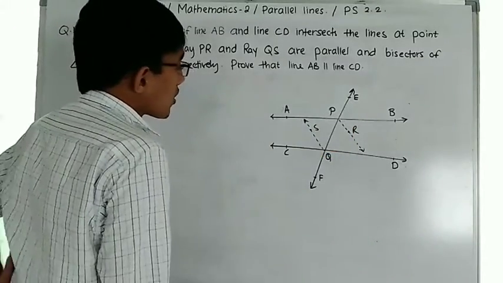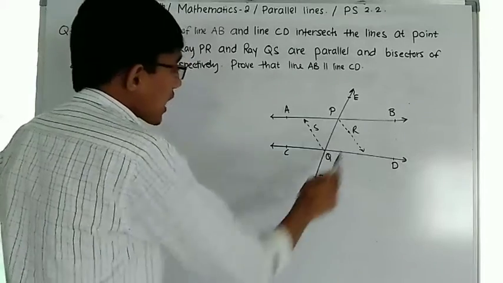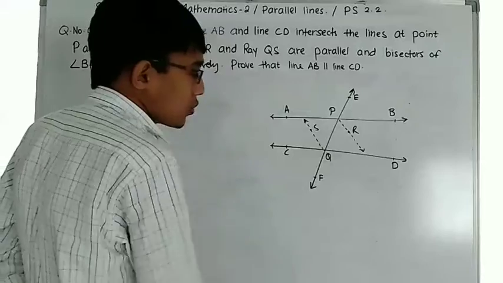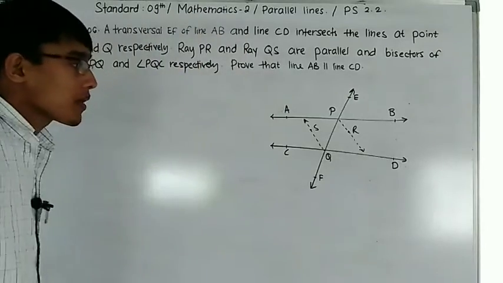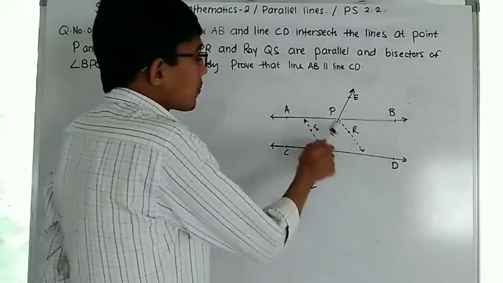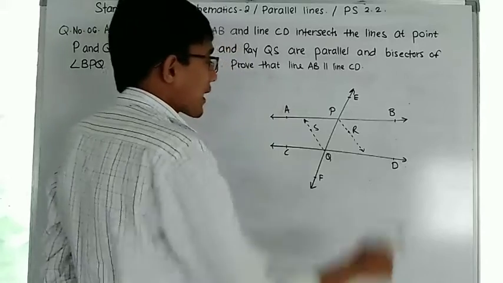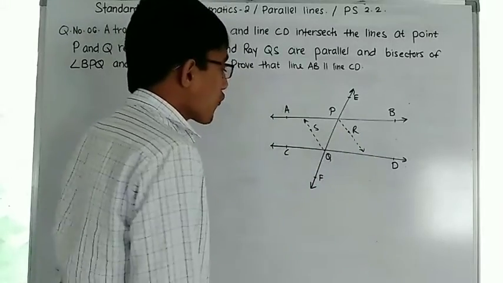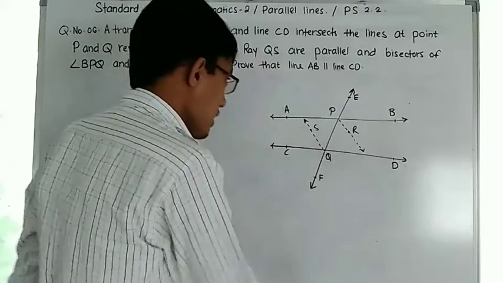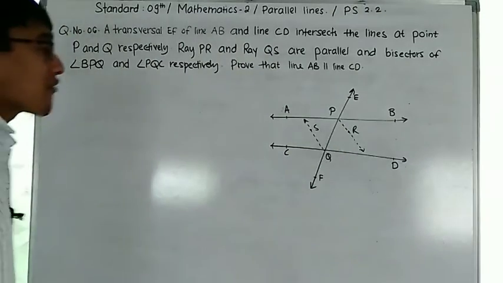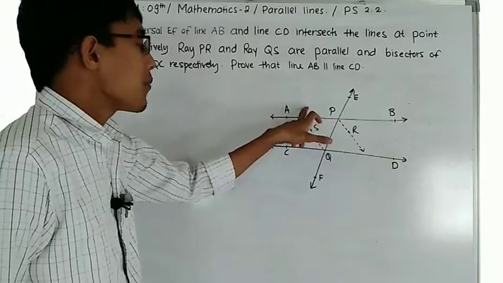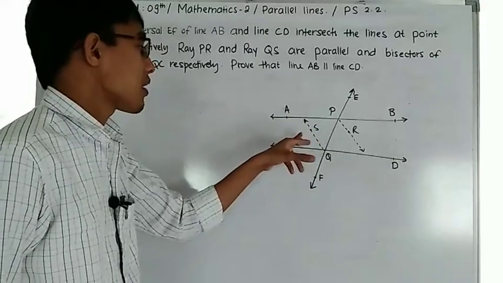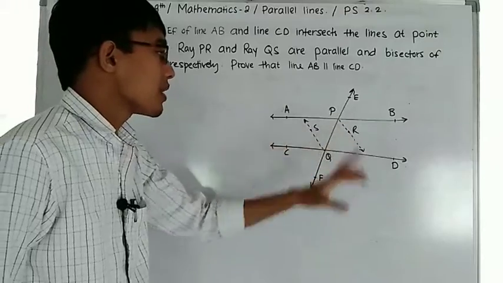It is intersecting line AB and line CD at points P and Q respectively, whereas PR is the bisector of angle BPQ and SQ is the bisector of angle PQC. What we have to prove is that AB and CD both are parallel, given that QS and PR are parallel.